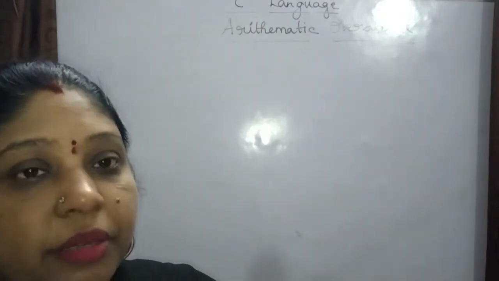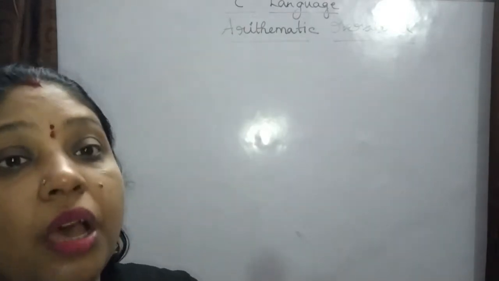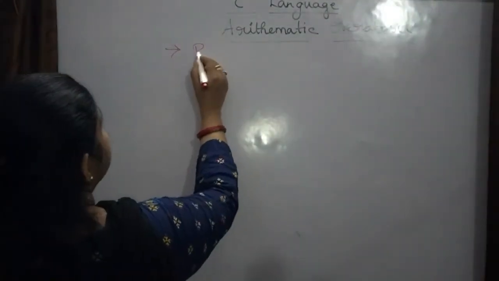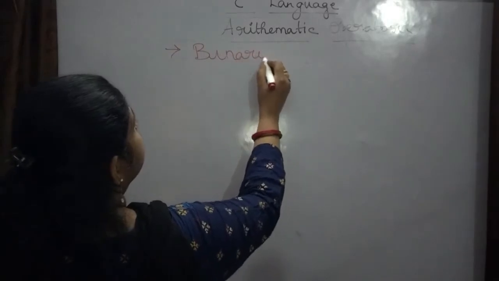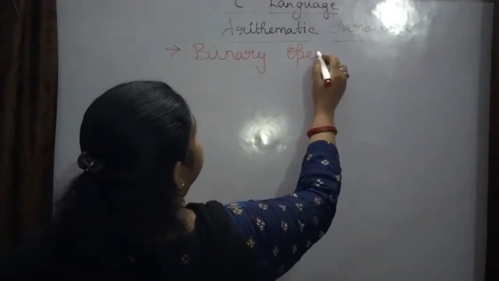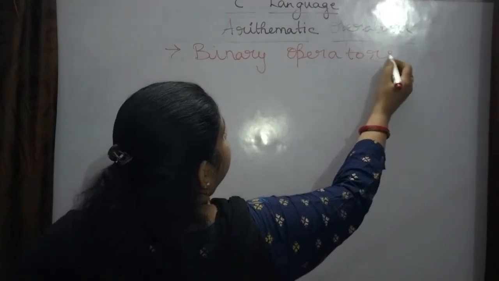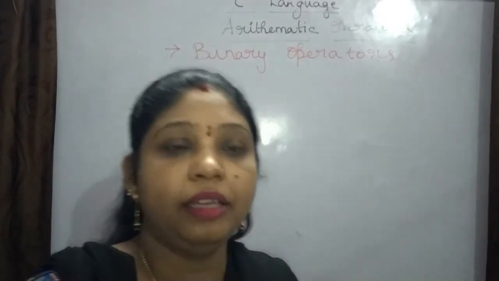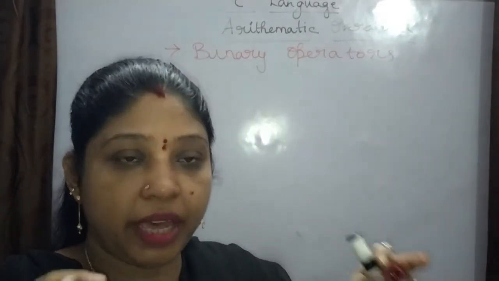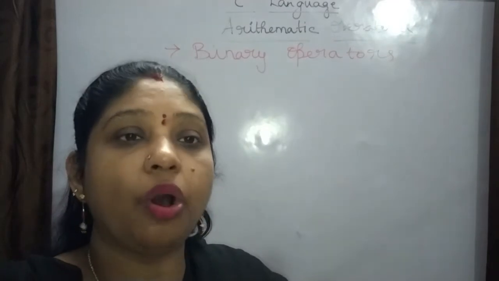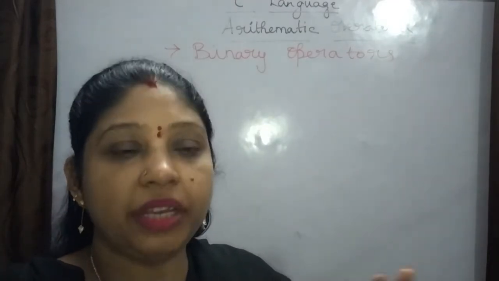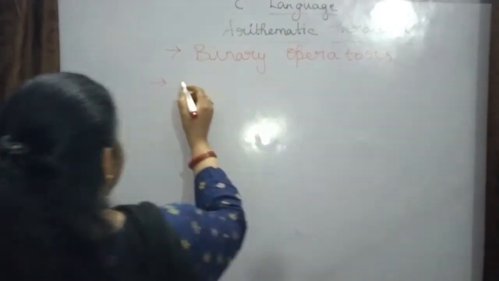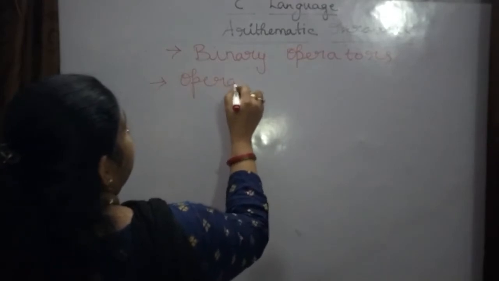Okay, now arithmetic operators are also called as binary operators in the C language, right? These arithmetic operations work on numerical values like int or float data types.